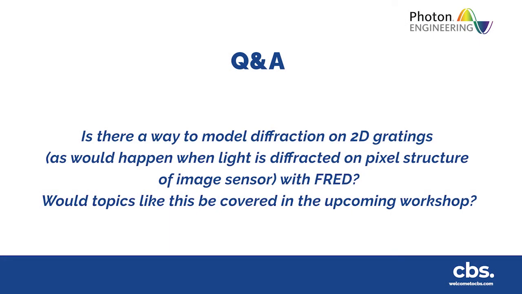Okay, a great question has just come in. Is there a way to model diffraction on a 2D grid, as what would happen when light is diffracted on a pixel structure of an imaging sensor? To model diffraction on a 2D grid, basically a 2D grating, and clarify if I'm misunderstanding the question, but grating structures are not explicitly modeled in Fred.